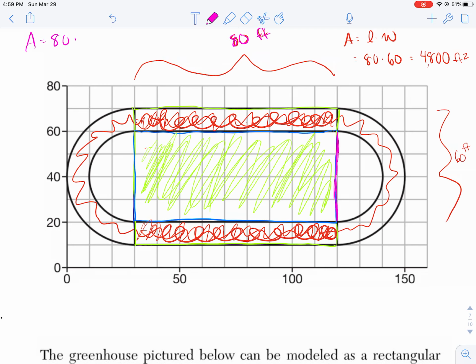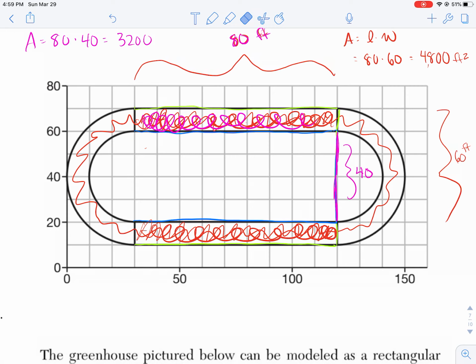But the difference is it has a width of only 1, 2, 3, 4, or not, sorry, 40, sorry. Okay, so it's 80 times 40, which is 3,200.